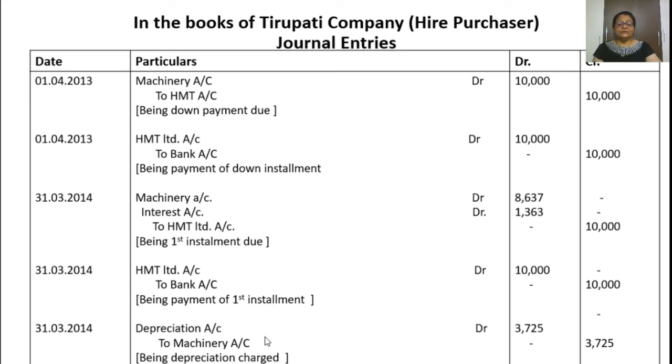Then depreciation should be charged at the end of every year. For charging depreciation on the asset, depreciation account debit, we know the depreciation for the first year is 3,725, to machinery account 3,725.